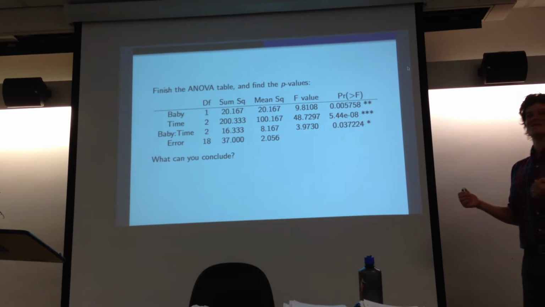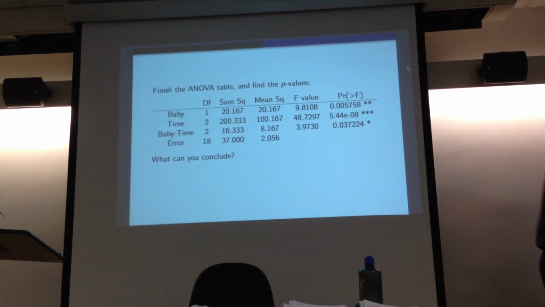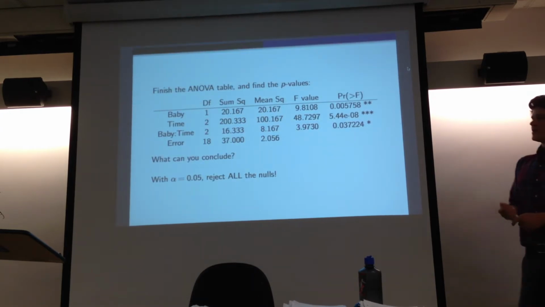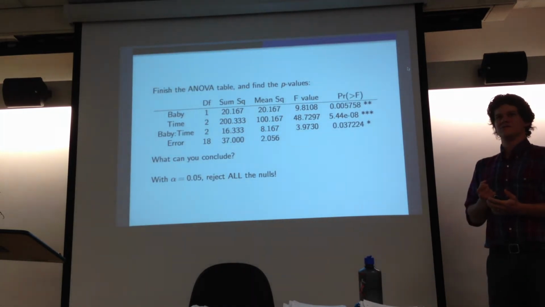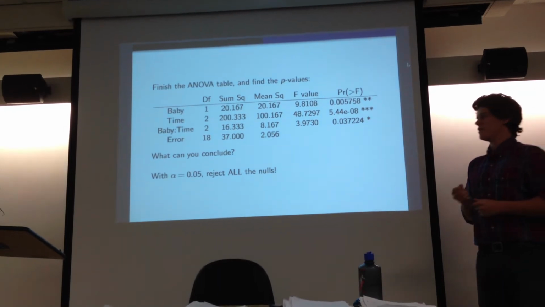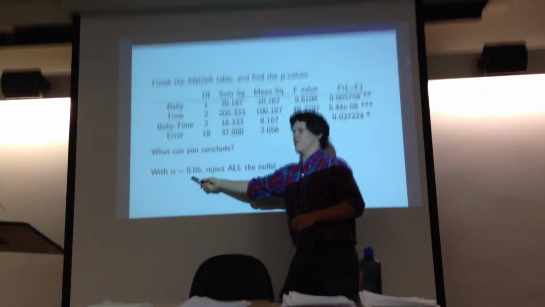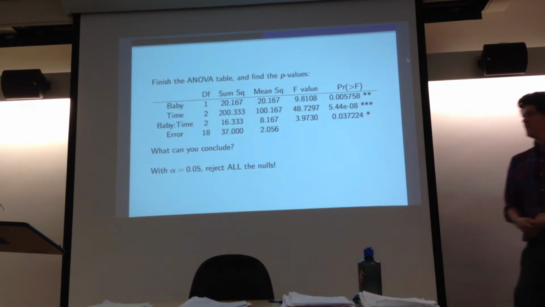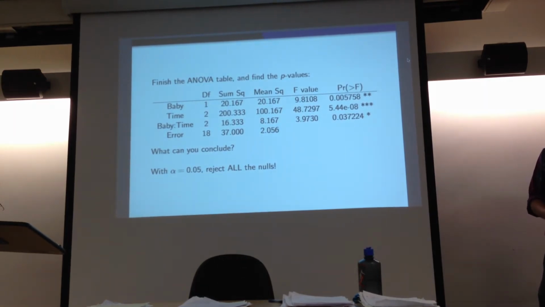We can reject which nulls? All of them, right? We can reject all the nulls here. So that would be our conclusion. Again, if you're not given an alpha, just assume 0.05, but we'll be explicit about what your alpha is.